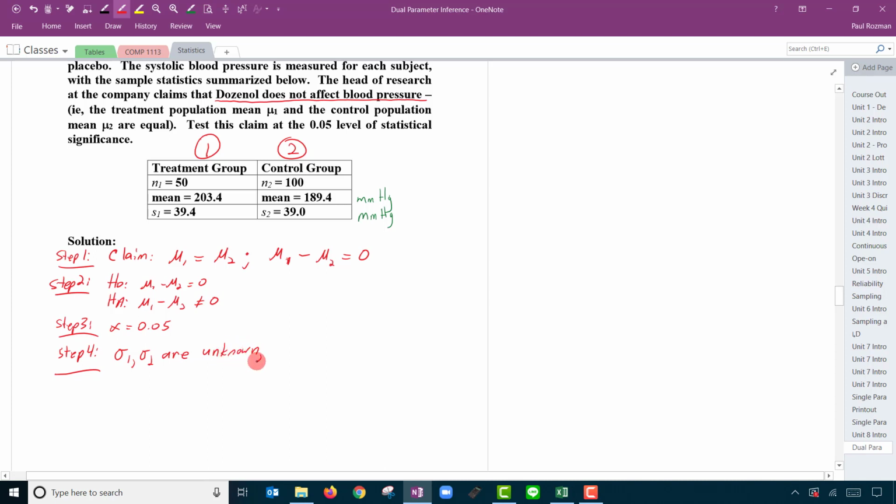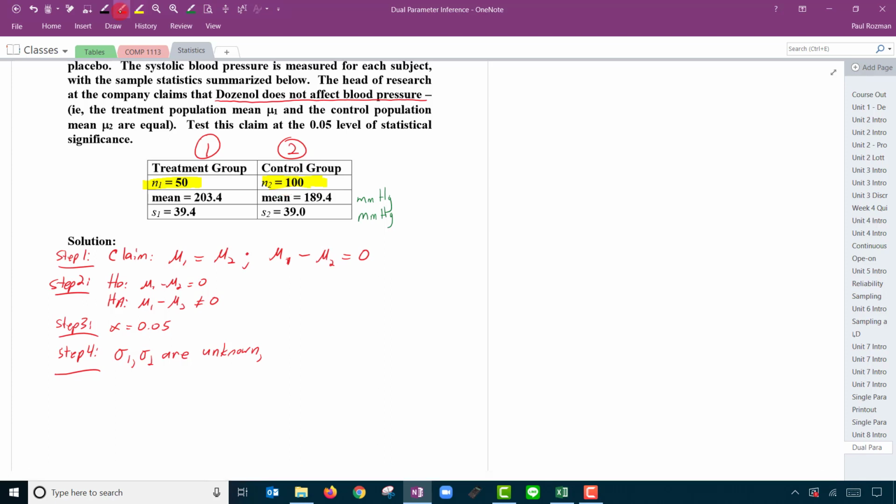Do we know anything about the populations of the treatment group and the control group? It didn't say it anywhere, and we don't care because our sample sizes were large enough anyway. If these were under 30, then we would need the population to be normally distributed.